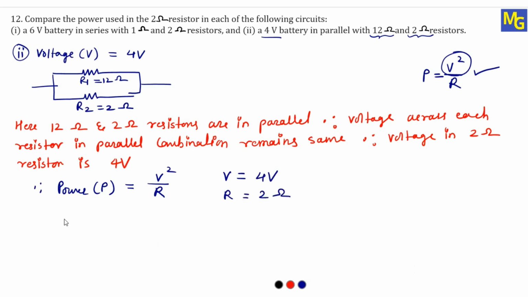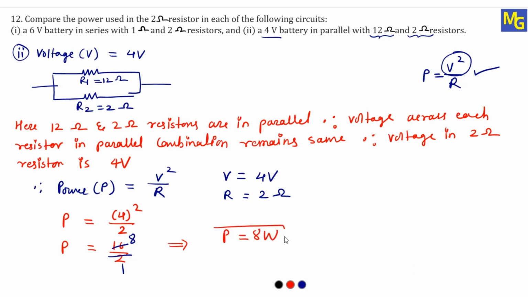So substitute the values. P is equal to 4 square divided by 2. So P is equal to, what is 4 square? 4 4s are 16 divided by 2. So cancel. 2 1s are 2, 2 8s are 16. So I am going to get power, that is 8 watt.